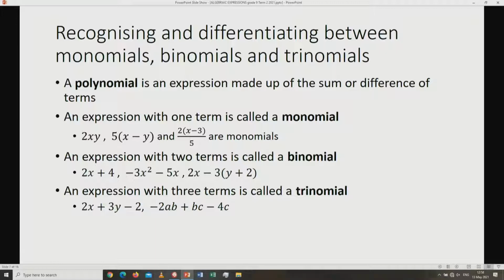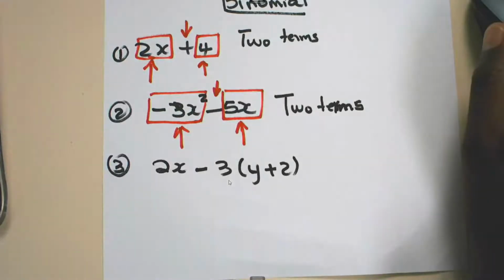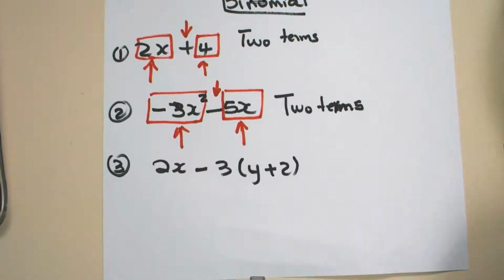Minus 3 plus 2. If you check there, can you see that it is a term, subtract another term? This is a monomial. Can you see that?